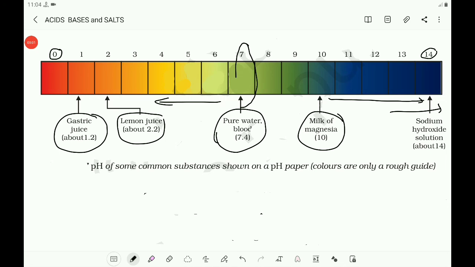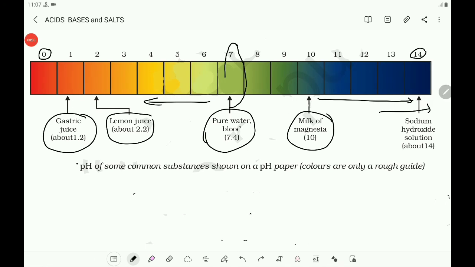So the strength of acids and bases depends on the number of H+ ions and the number of OH- ions produced. If you take hydrochloric acid and acetic acid, CH3COOH, of the same concentration, say 1 molar, then these produce different amounts of hydrogen ions.